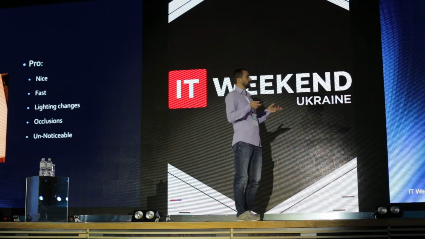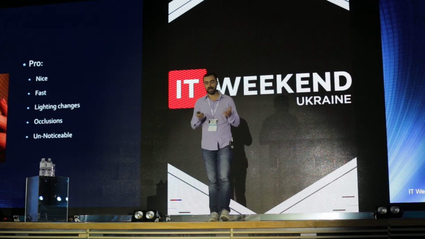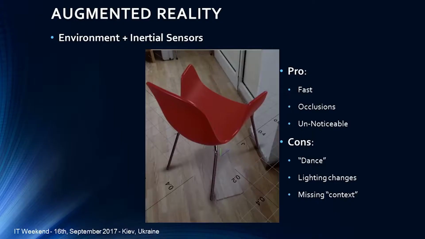But you don't notice that there is something special with this kind of image. This is actually also a problem, because you have to tell the user that something must be happening on that page, so you have to use stickers to trigger the augmented reality.